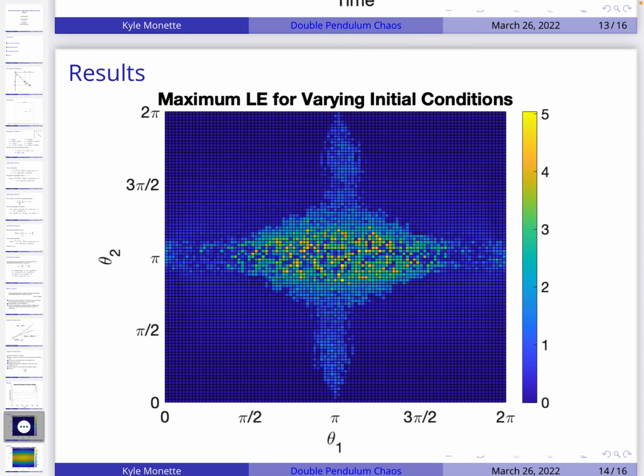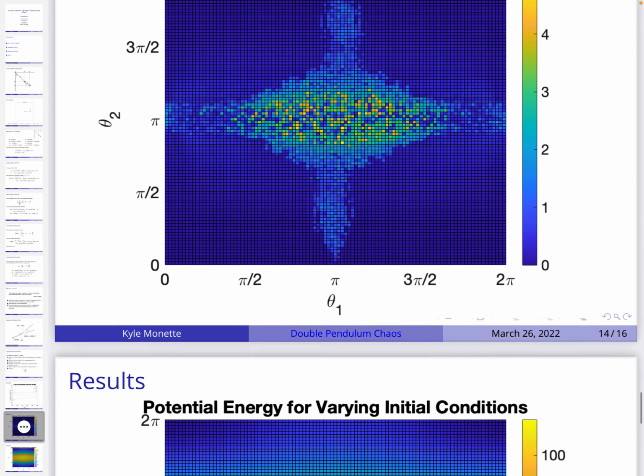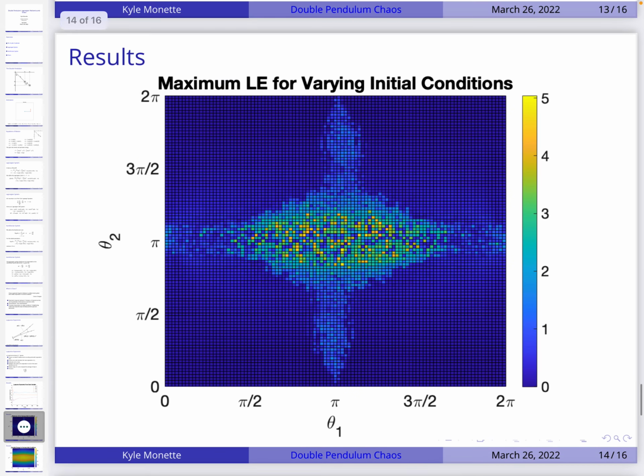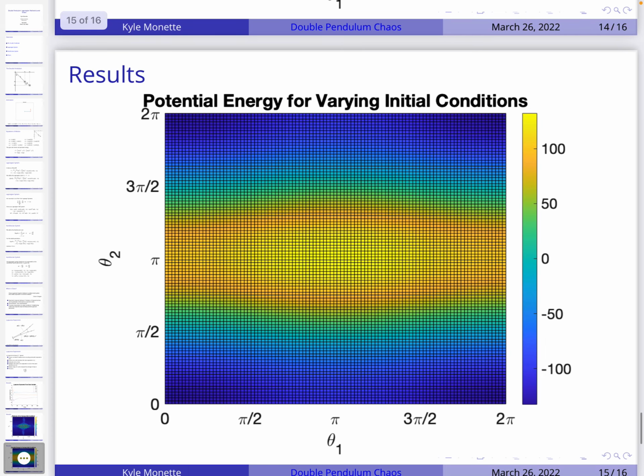Well, that sounds like you're just measuring its potential energy. And if you look at the potential energy for those same initial conditions, this is what you see. There's this ellipse shape which corresponds to this one in this plot. And we can see that as you go out, your potential energy decreases because one of your pendulums is starting from its rest state, say, straight down.